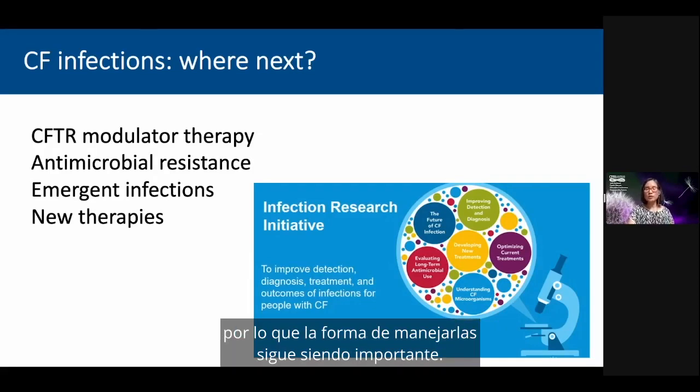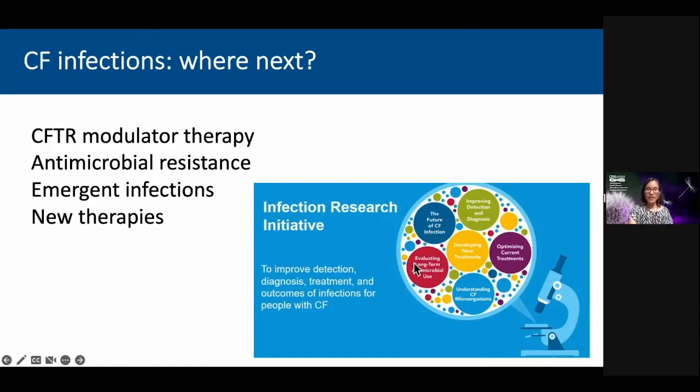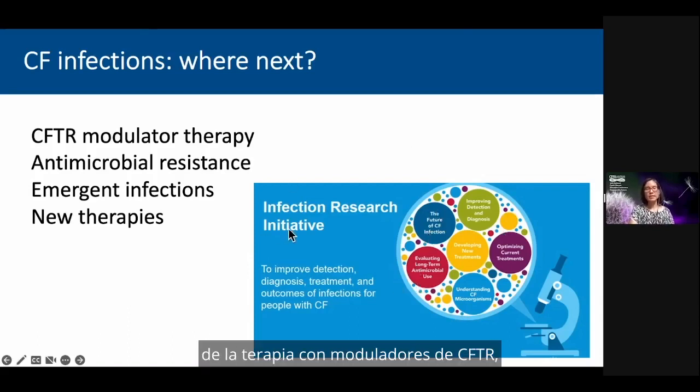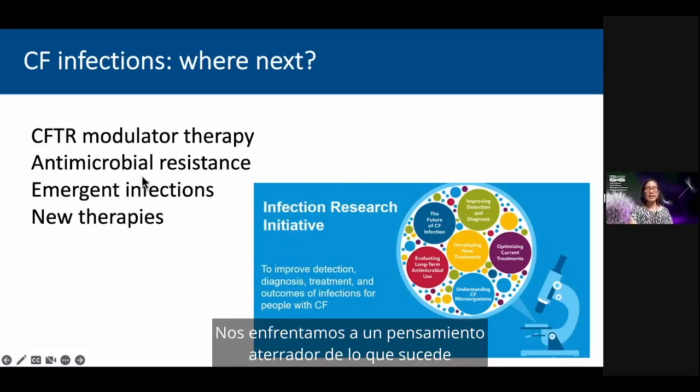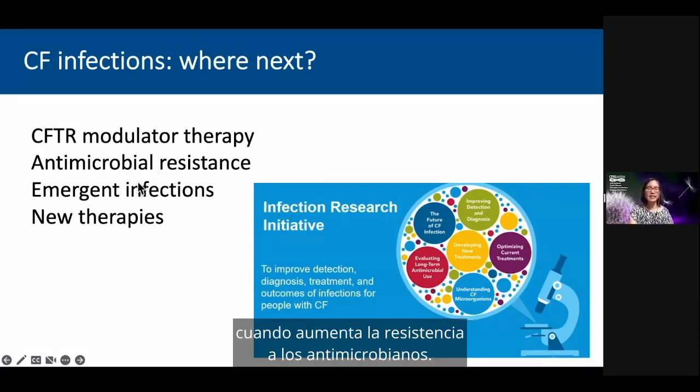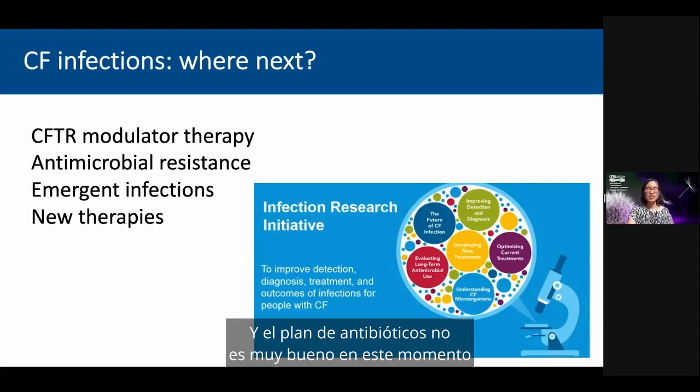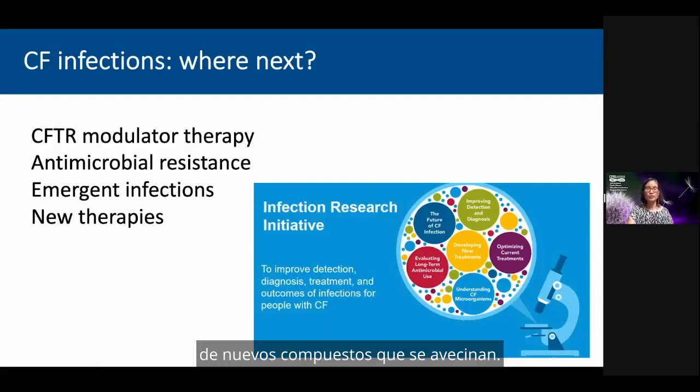So how to manage them is still important. In patients that are not benefiting from CFTR modulator therapy, chronic infection still has a lot of unanswered questions. We are facing the scary thought of what happens when there is increasing antimicrobial resistance, and the pipeline of new compounds coming down is not great right now.